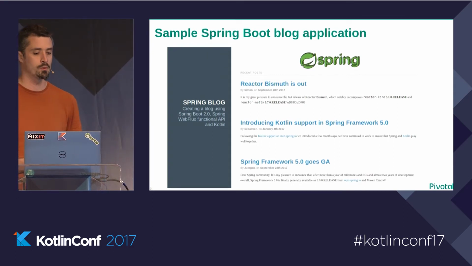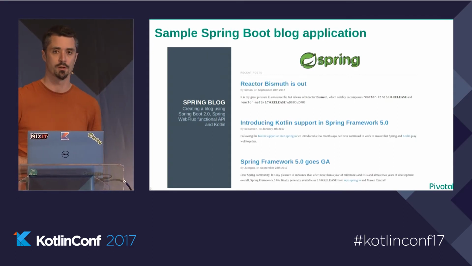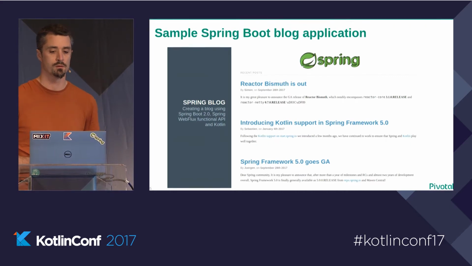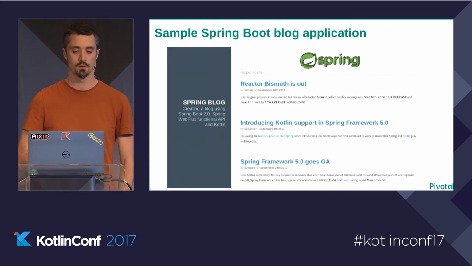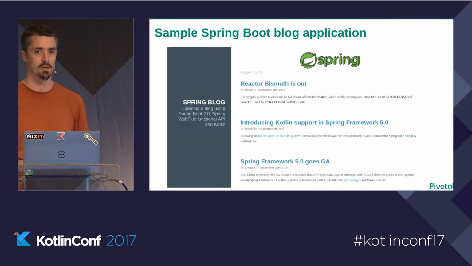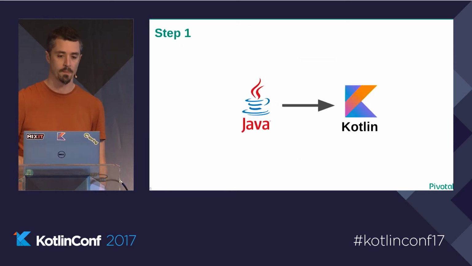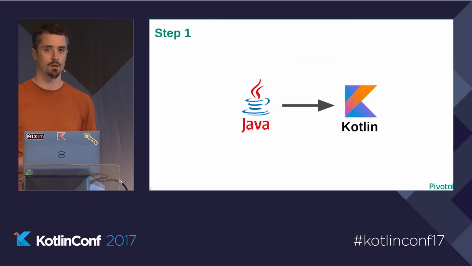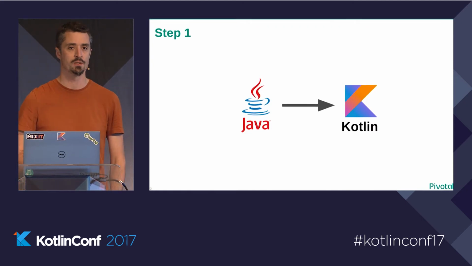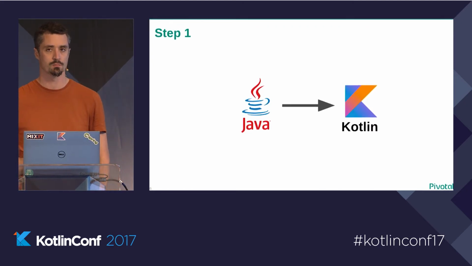To do that, we are going to use a sample Spring Boot blog application. That's a regular application developed with Spring MVC, Spring Boot and Java. We are going to gradually migrate it to a fully idiomatic Kotlin and Spring Boot 2 application.